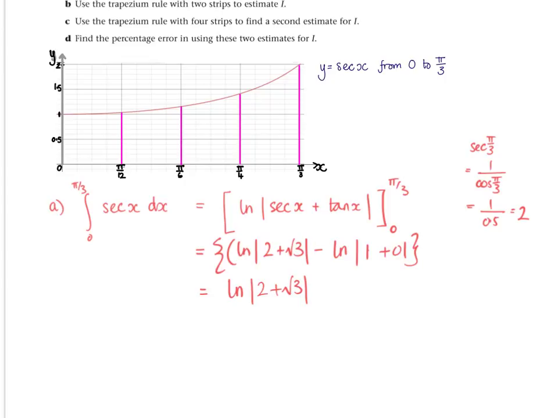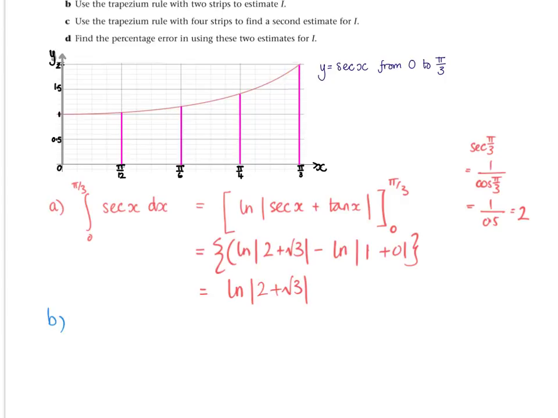Right, second part, we want 2 strips. If we've only got 2 strips, it's going to go between 0, pi by 6 and pi by 3. So we need to get our ordinates for these ones. It's going to be 1 for the first, whatever that value is in the middle, and 2 for the last one.